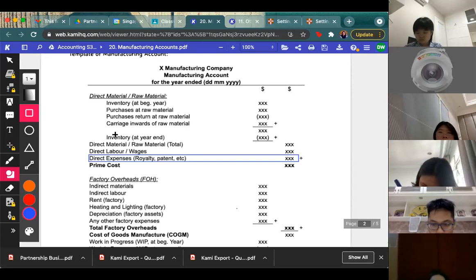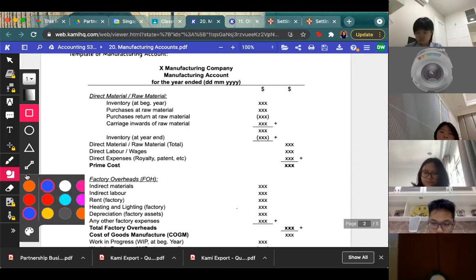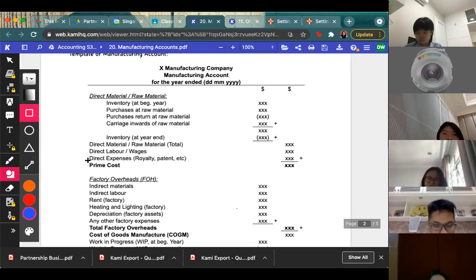So direct cost can only have two only. Next, after you have all of the direct costs listed, total them. You need to total them first. You need to be able to show how much the prime cost is.